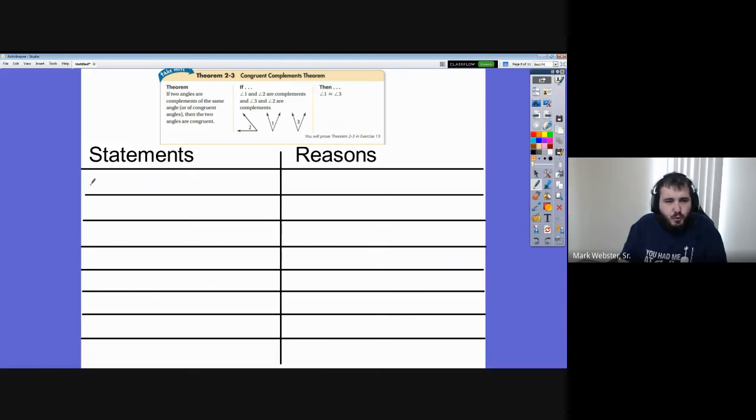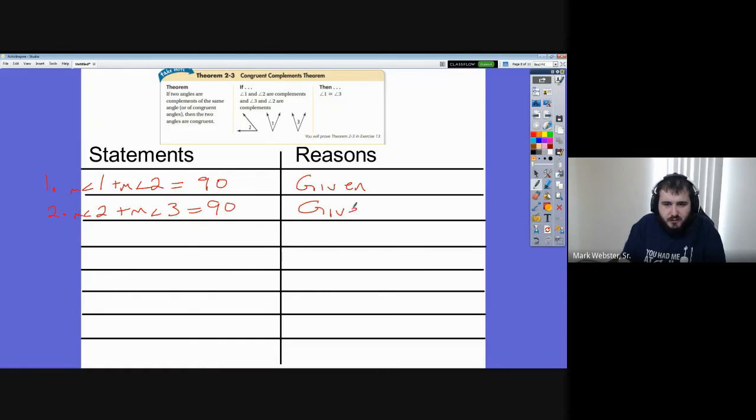Angle 1 and angle 2, the measure of angle 1 plus the measure of angle 2 equals 90, because that's what they told us, that they're complements. Statement number 2 will say the other one, the measure of angle 2 plus the measure of angle 3 is 90.